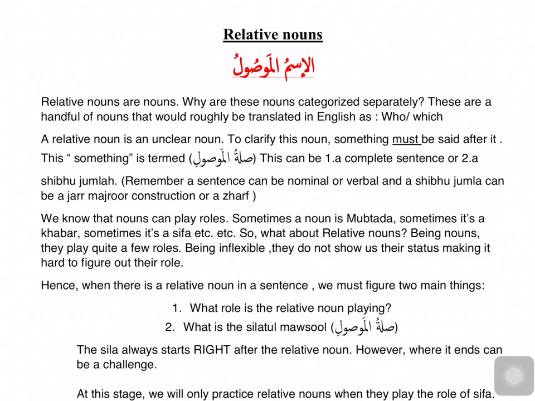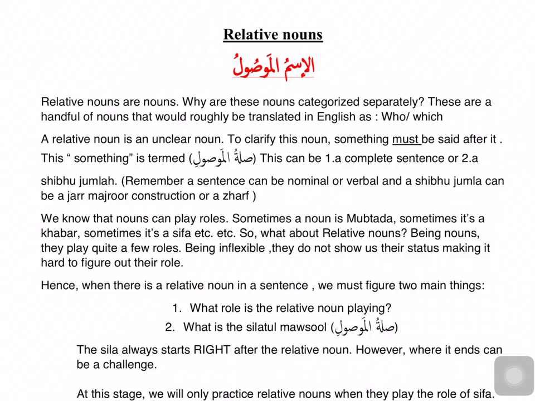This something in Arabic is termed silatul mawsul. So something comes after the ism mawsul that clarifies what the ism mawsul is. What will it be? It will either be a whole sentence or it will be a shibhu jumla. Shibhu jumla, remember, can be a jar majroor or a dharf. Sentence, remember, can either be jumla ismiya or jumla fi'liya.